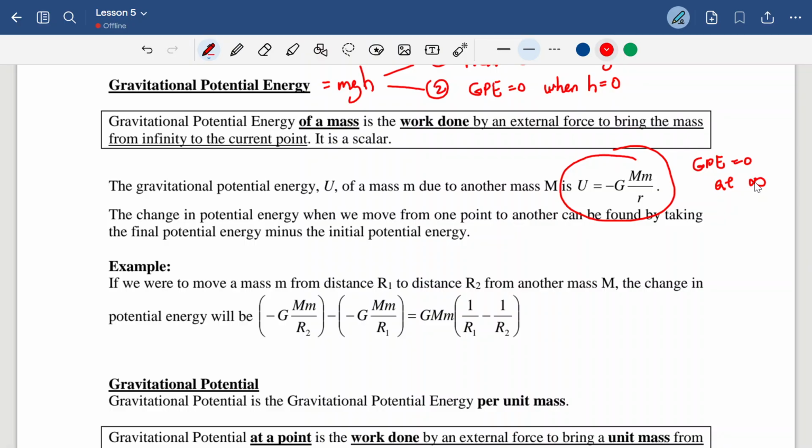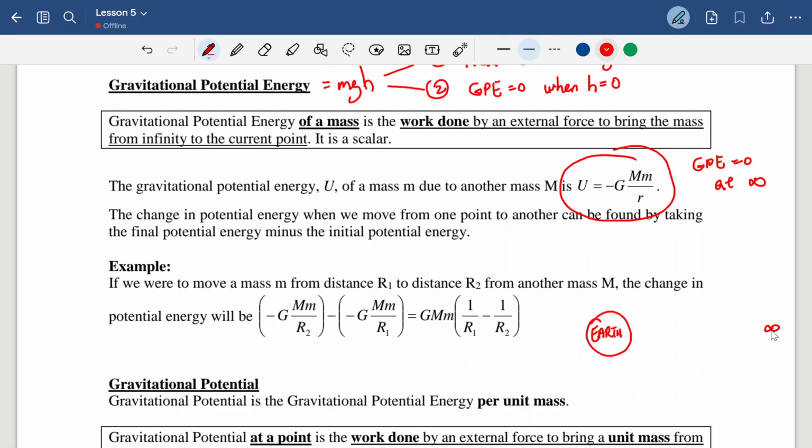There's a reference point, and the reference point is defined to be infinity. Infinity is subjective. For example, the other side of the classroom is infinity. So it's quite subjective. Let's say you have Earth. We use Earth as an example here.